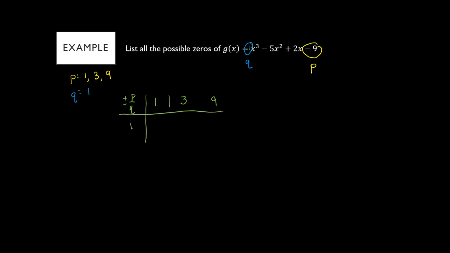And then there's only one value for Q, so that makes it nice and easy. This is actually a pretty simple example because Q is just 1, so we're just writing all of these over 1. So we get plus or minus 1, plus or minus 3, and plus or minus 9. Okay, these are the possible rational zeros.